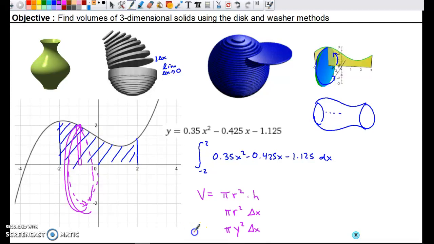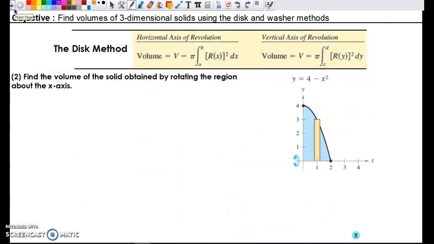Of course, you want to take the limit as those delta x's go to 0. And that ends up being, with a little bit more math, the disk method. The disk method has two different iterations. We can have either a horizontal axis of revolution, which means that the thing I'm rotating around is horizontal.